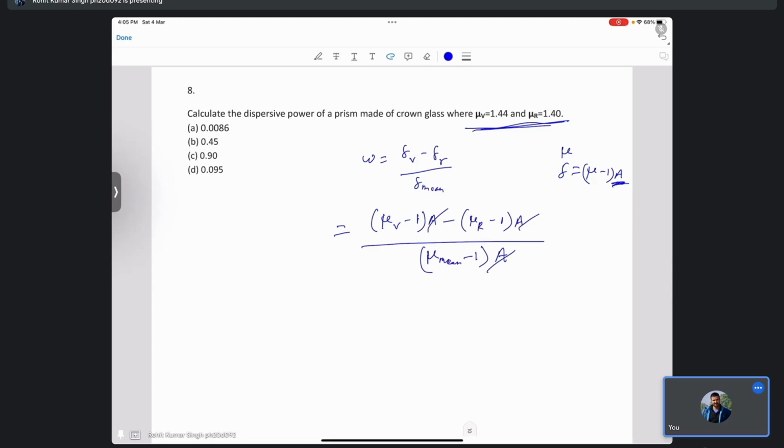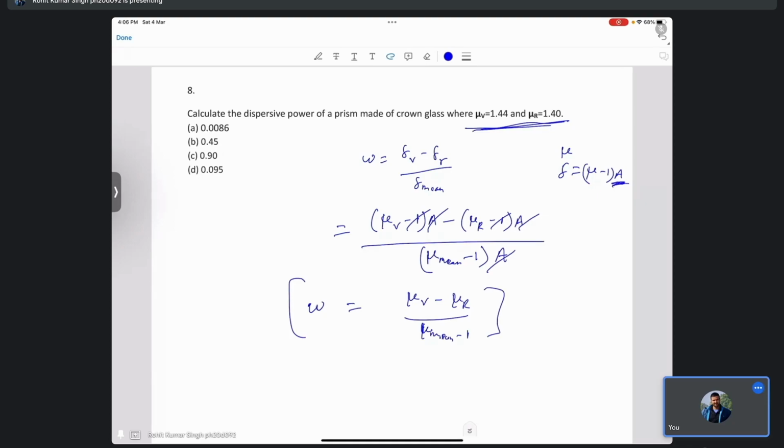Simply. So you don't need the information of the angle of prism, and the minus 1 minus minus plus will get cancelled with minus 1. So effectively you have mu V minus mu R divided by mu mean minus 1.